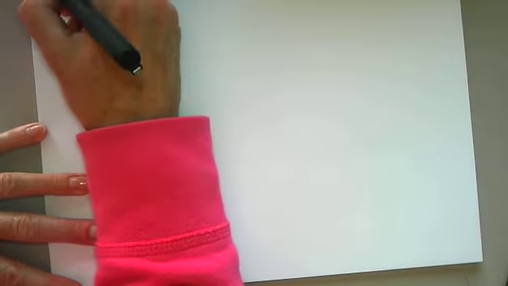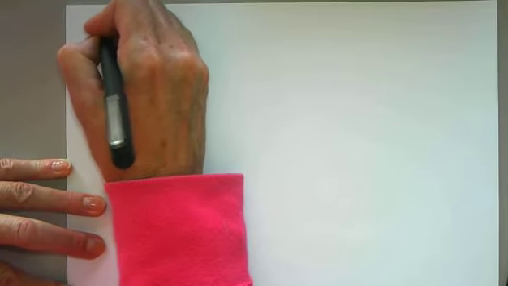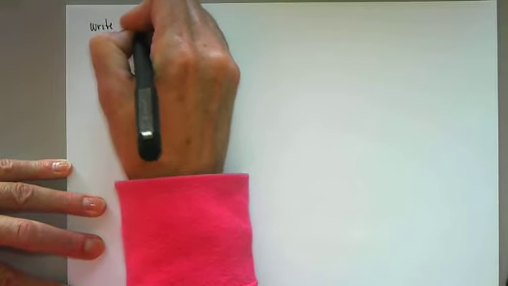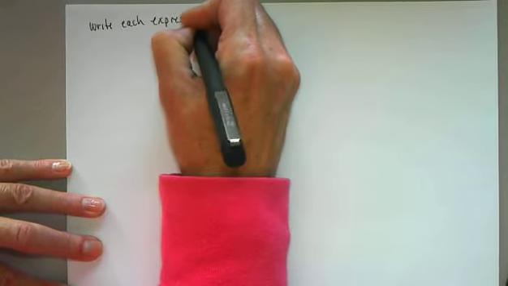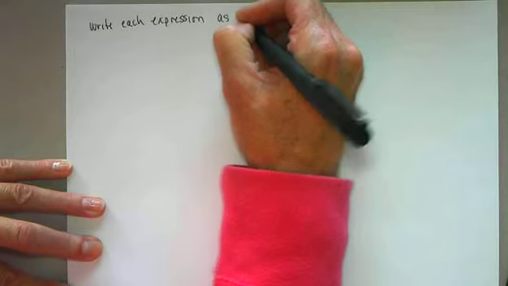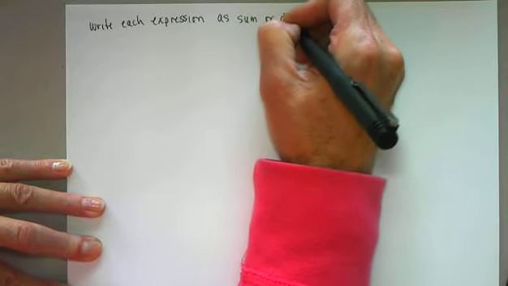Okay, now the other thing they might have you do is write each expression as a sum or difference. So they want you to go backwards. So they're going to give you 1 and they want you to spread it out.